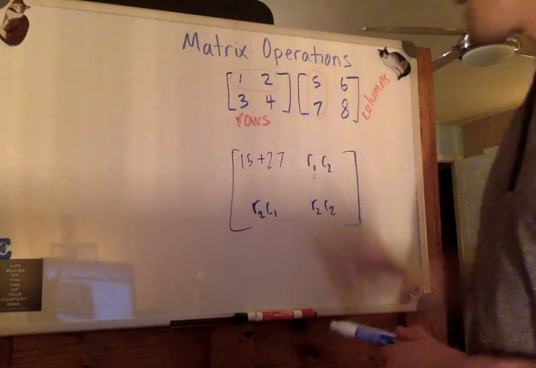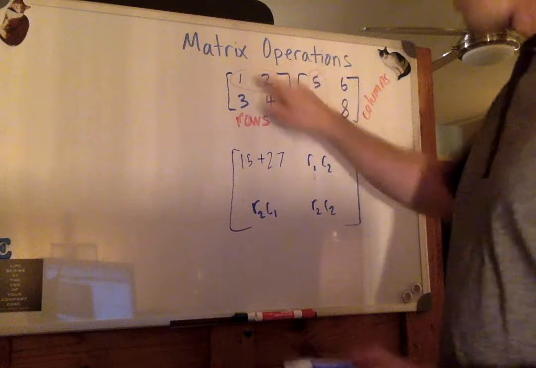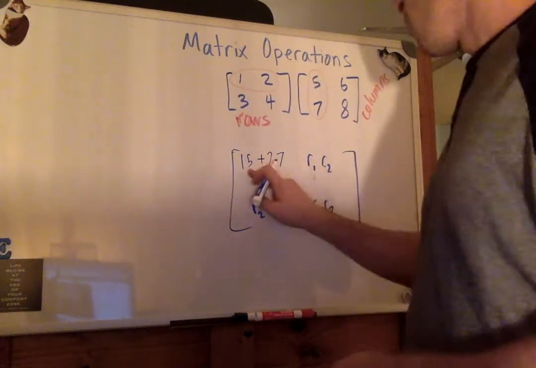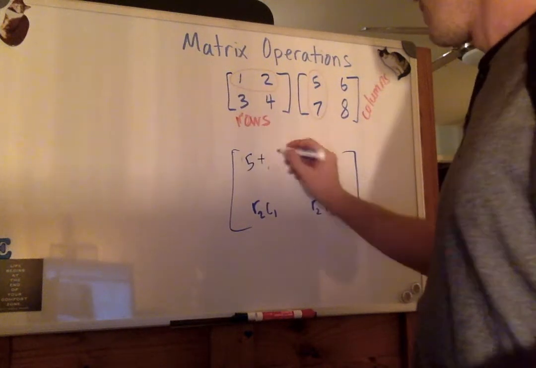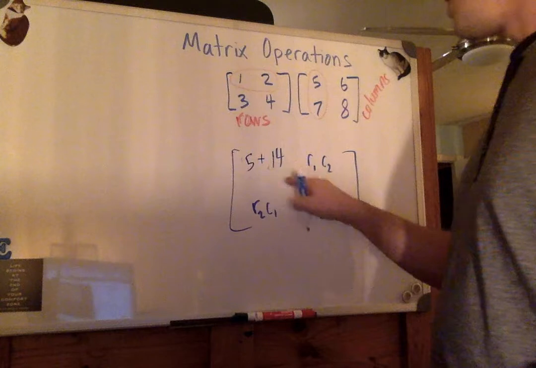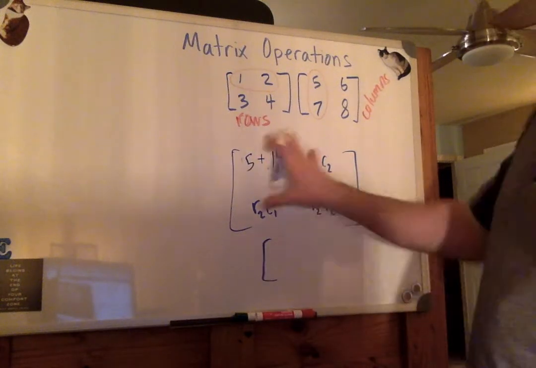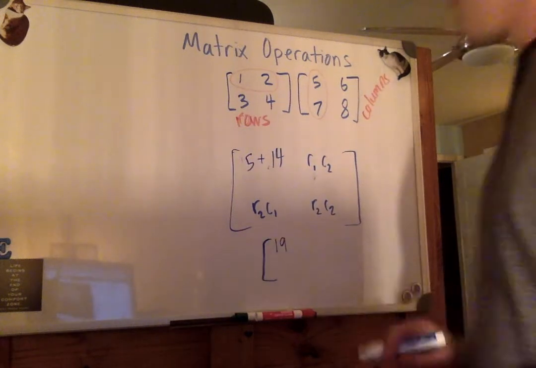Take a moment and process. I took 1 times 5 and 2 times 7, the first row times the first column, and I'm adding them together. 1 times 5 is 5. 2 times 7 is 14, which means that the first item in my finished matrix is 5 plus 14, which is 19.